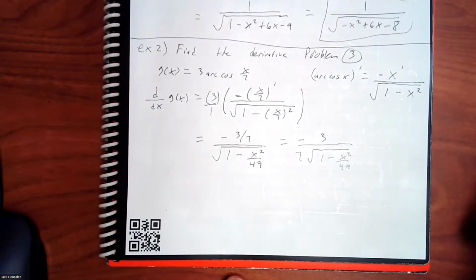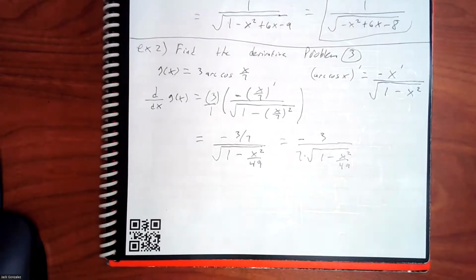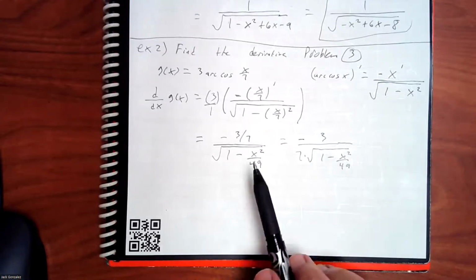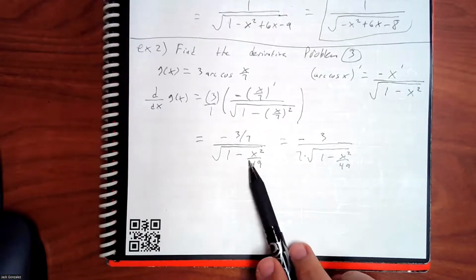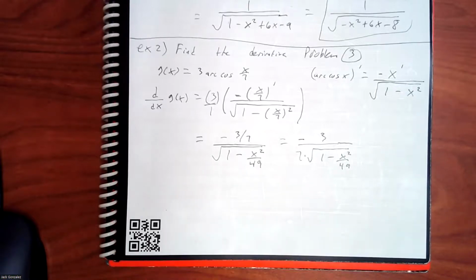We could write it that way too. Just put 7 times this. But either one is fine as the final answer. Then you could subtract those fractions if you want. Make it a little prettier.